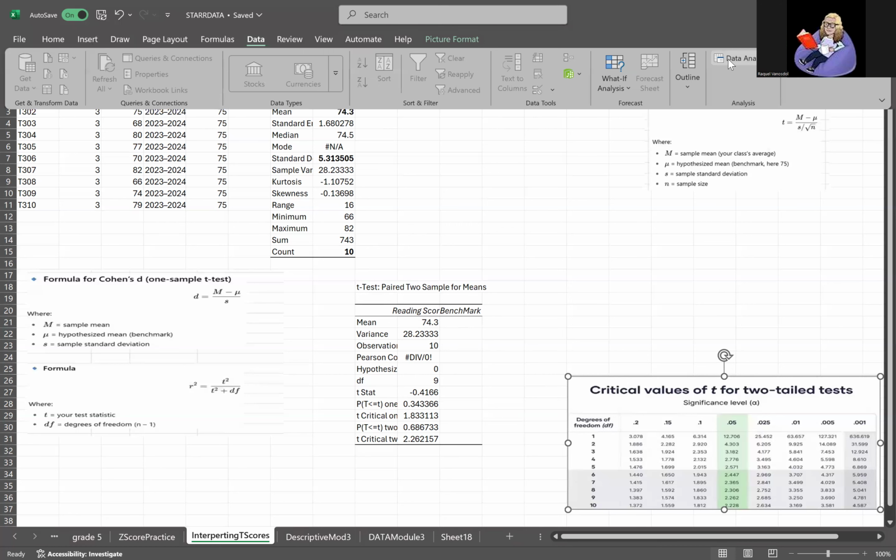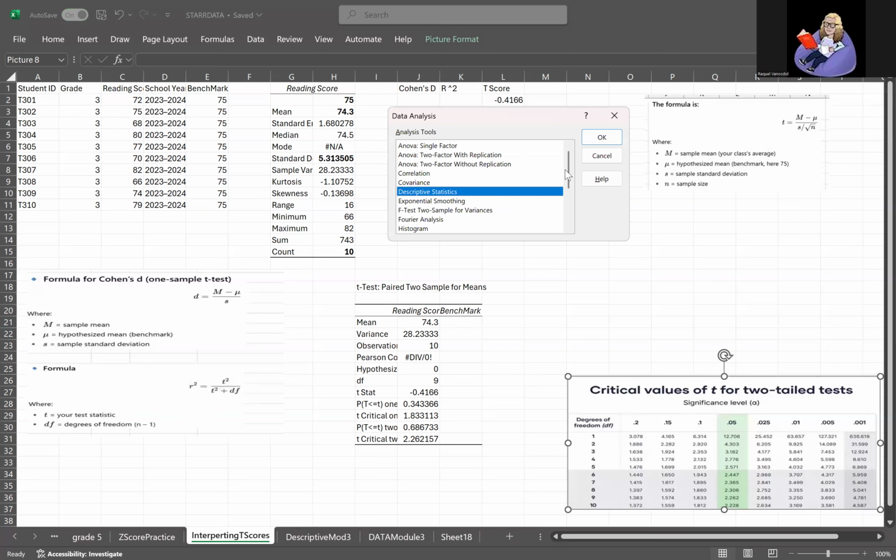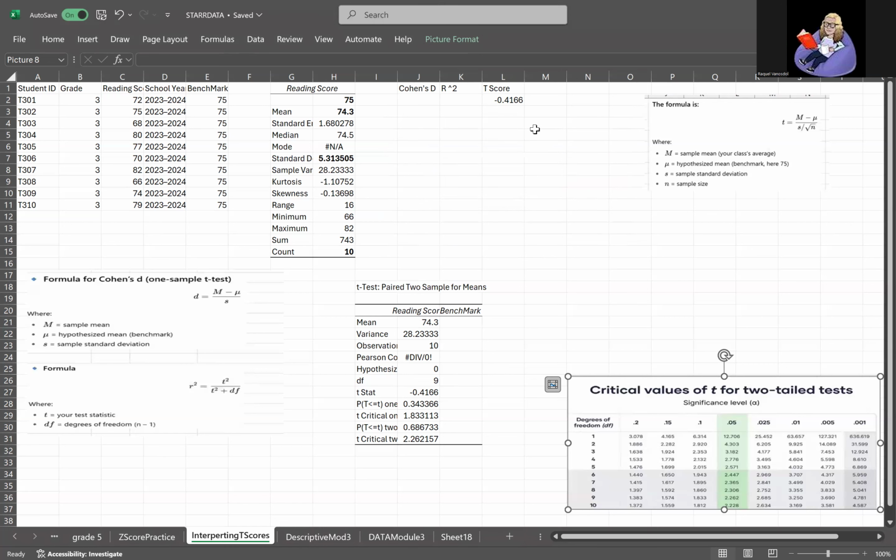I also used the data tool. I went to data analysis and I wanted to compare using the t-test paired two sample for means, which I believe is next module, to see if some of my data would be the same. And you can see right here that some of it is the same. So I have the degrees of freedom, the t-stat score, which is here, and then I have the P(T<=t) one-tail, the critical one-tail, and the P(T<=t) two-tail.